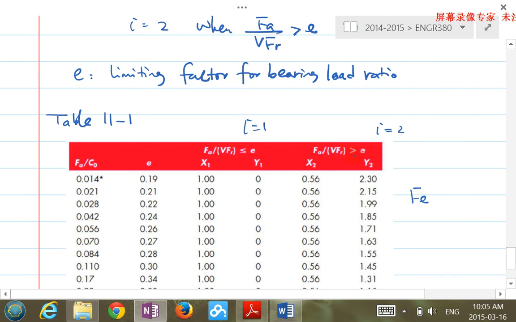So you don't know whether you should pick i equal to 1 or i equal to 2 until you know the value of e. But to know e, you have to know the value of C0, and to know C0, you have to have the bearing. But we don't have the bearing at the beginning. So you basically have a starting point which is nowhere.